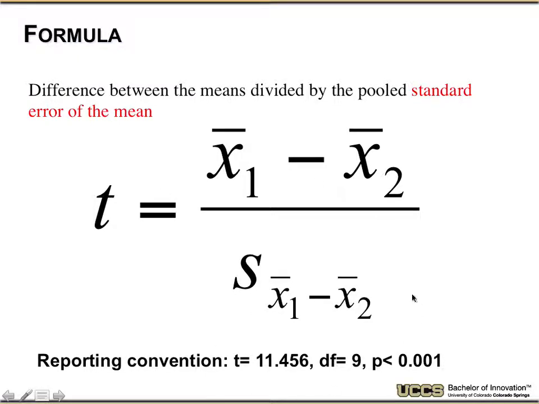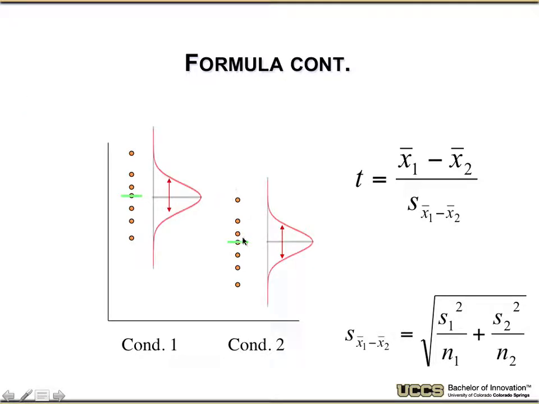So if I look at this, and I'll come back to the reporting conventions in a second. Right, I have a bunch of samples. The vertical axis here is the sort of value of the samples. I take their mean, and I compute the standard deviation. I can compute the mean of this one and take the standard deviation. So when I say the standard deviation of x1 and x2, I'm going to take, actually no, I take it back the other way.